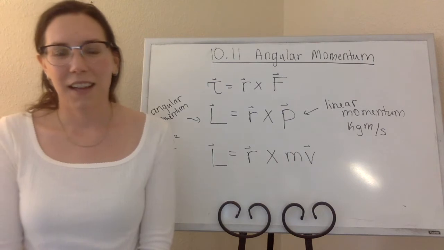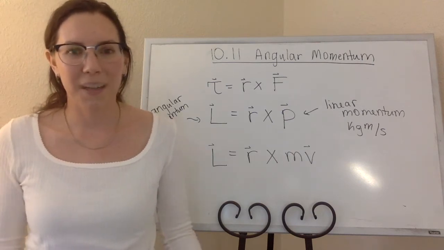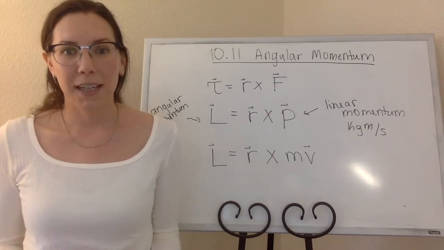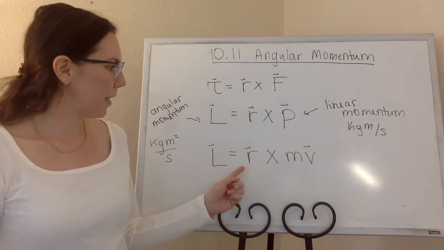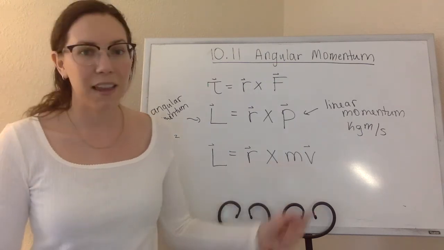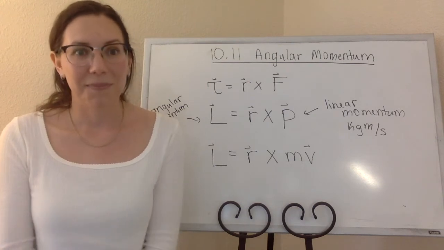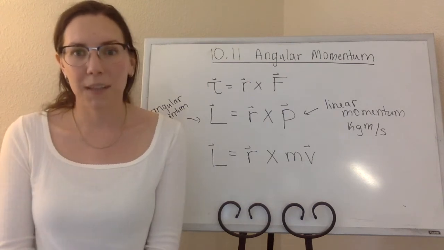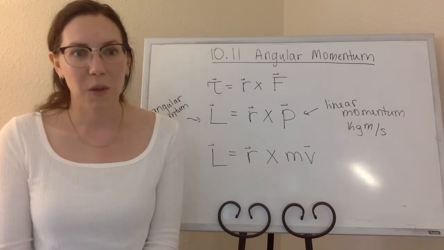The other thing is that this is a cross product, so we're going to end up with a third vector perpendicular to the two that we're crossing. So the angular momentum will always be perpendicular to both the position and the velocity of that object or of the point in question. So far we've looked mostly at circular motion, where we had a velocity that was tangential to the motion, but it doesn't depend on that.